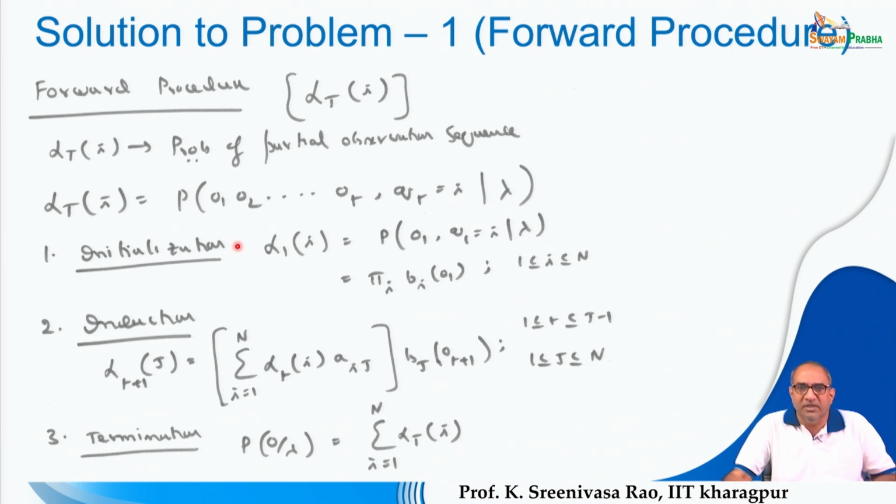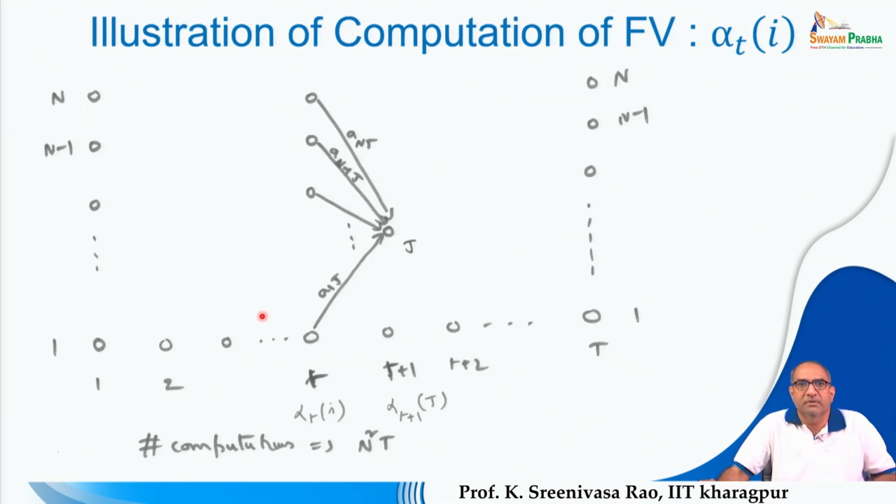Using this forward variable approach to solve for P of O given lambda, alpha t of i is the probability of the partial observation sequence till time t, with the system in state i. In the same way, we can compute at time t plus 1 with the system in state j.